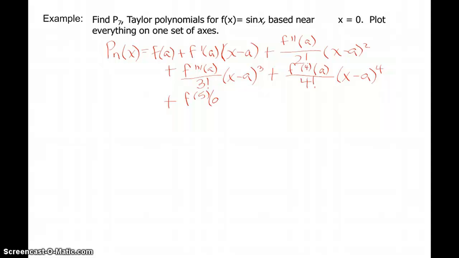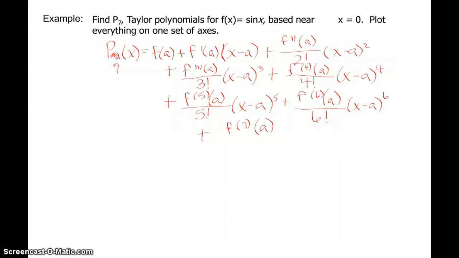The fifth derivative evaluated at the point of tangency over the fifth factorial, x minus a to the fifth, sixth derivative evaluated at a over 6 factorial, x minus a to the sixth. And if we're going to stop at n equals 7, we would say p sub 7 includes the seventh derivative evaluated at a over 7 factorial times x minus a to the seventh.